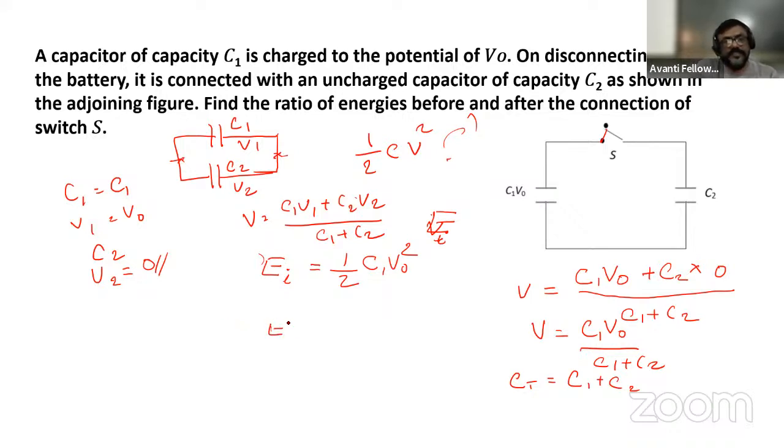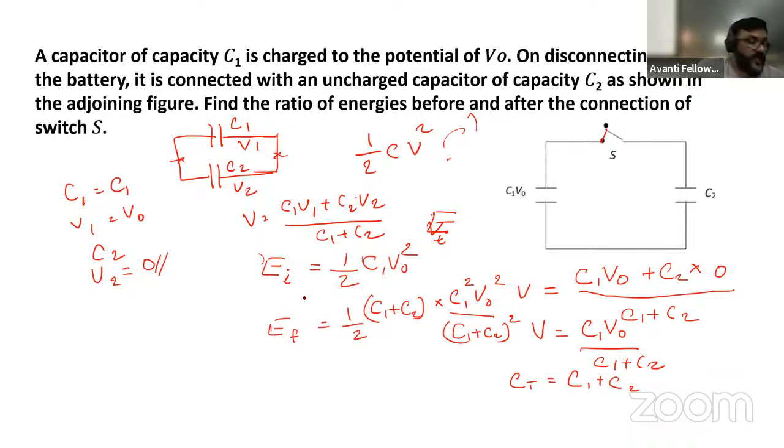So we can calculate the final energy. It will be again half of, in the place of C, this system has two capacitors connected in parallel, so it will be C1 plus C2. And what is V? The common potential is C1 V0 divided by C1 plus C2. So we have to square it. So what will happen here? C1 square V0 square divided by C1 plus C2 the whole square.